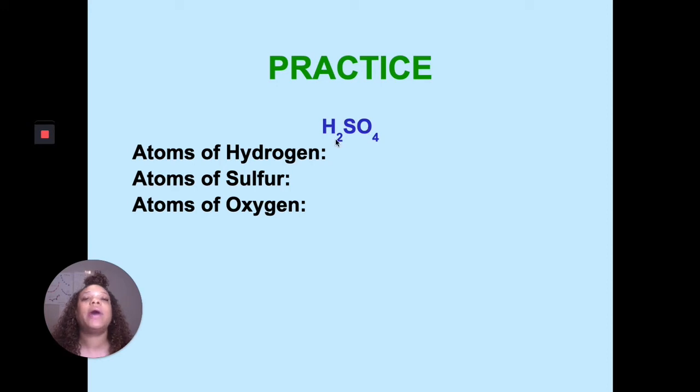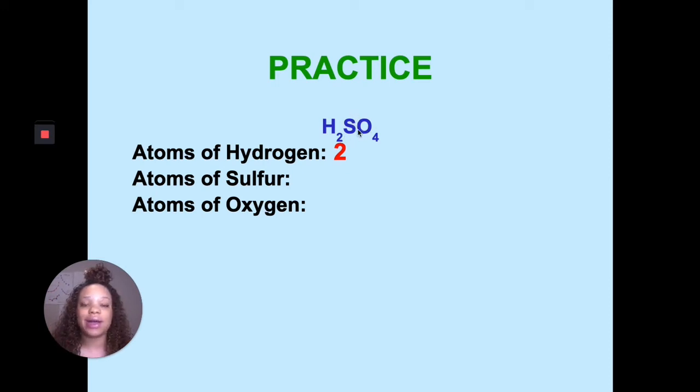Now I want to know how many atoms of each we have. Let's look at hydrogen. We have this H, and we have this little 2 here, which is a subscript. There's no big number, so we don't have to multiply this times anything. You should know that you have 2 hydrogen. Then we're looking here at sulfur. This is its own element.